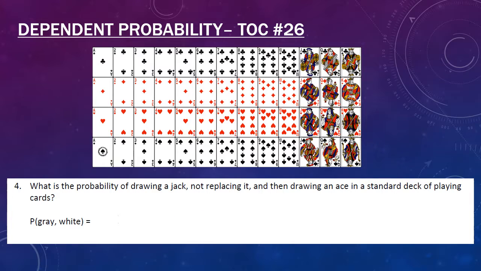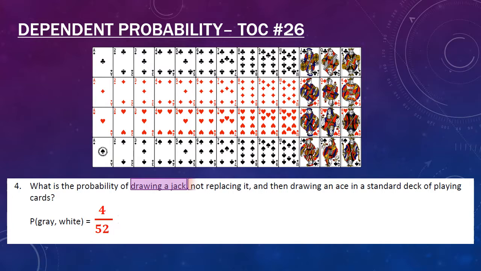And our last example is number 4. What is the probability of drawing a jack? And there's 4 jacks, just like there's 4 kings. Not replacing that jack. Oh, sorry, that's 4 out of 52. Getting ahead of myself. So there's 4 jacks out of 52 cards. That's my first fraction.